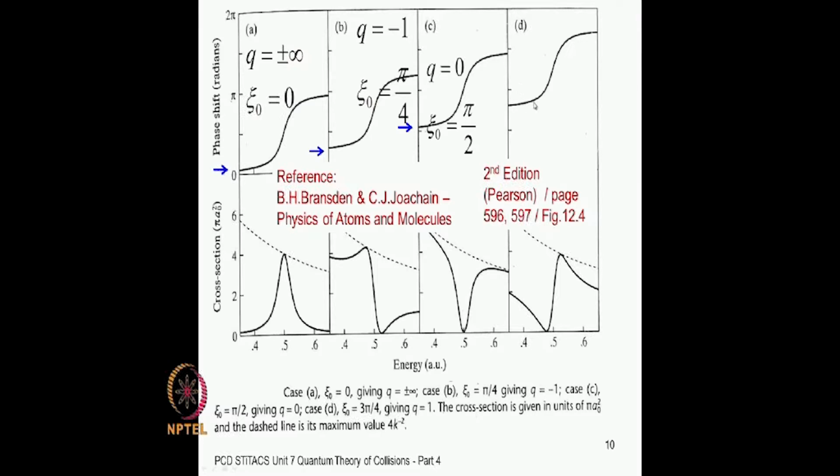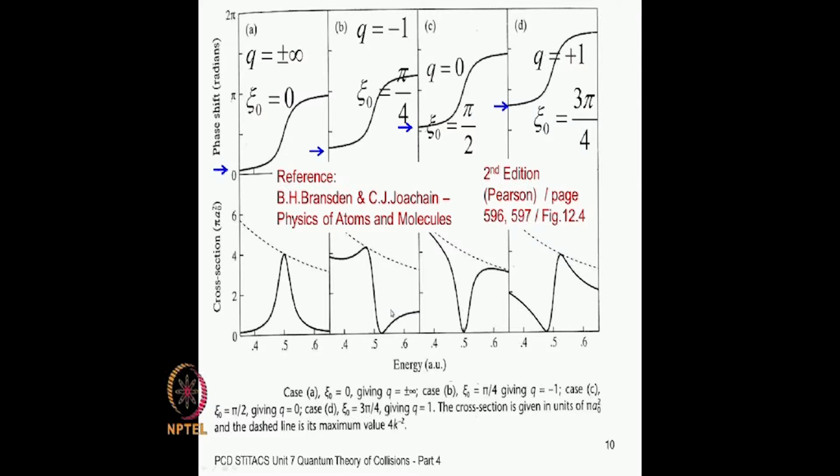And in panel D, it is 3 pi by 4, about 3/4 of pi. And these are the corresponding cross sections, and they come in all kinds of shapes.